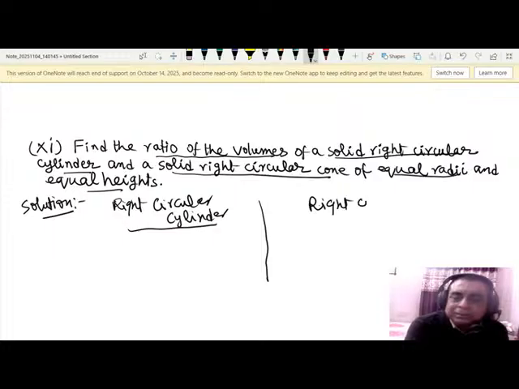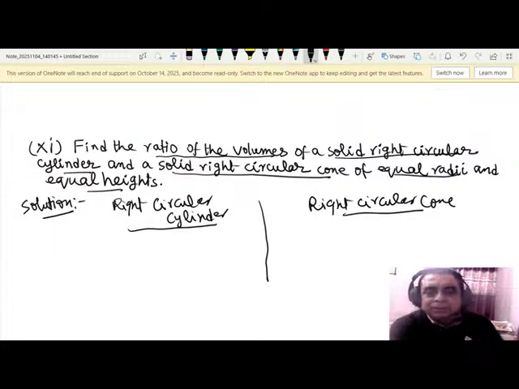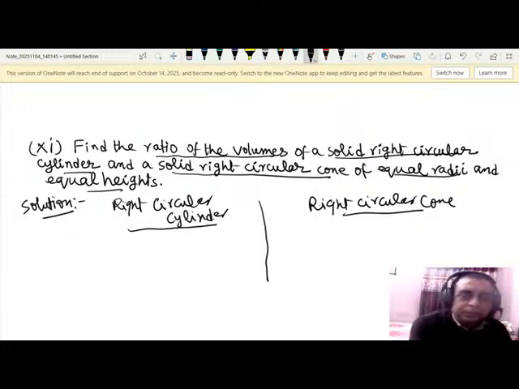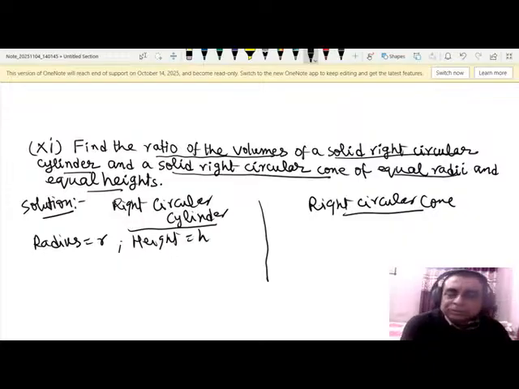Here the radii are equal, so I am writing R, and height I am writing H. Same for the cone, radius is R and height is H.